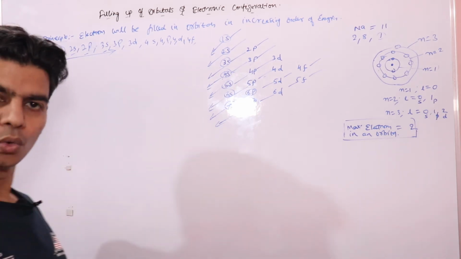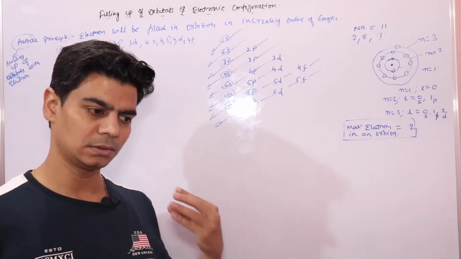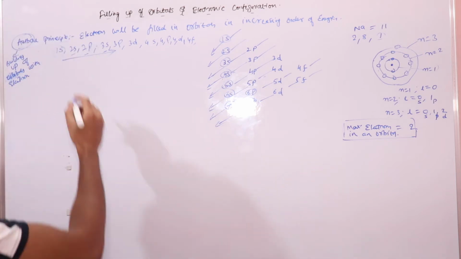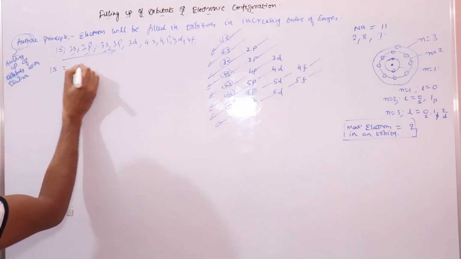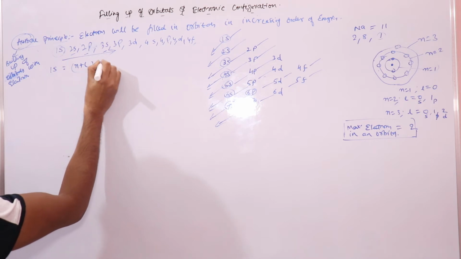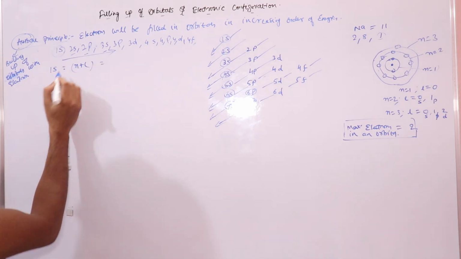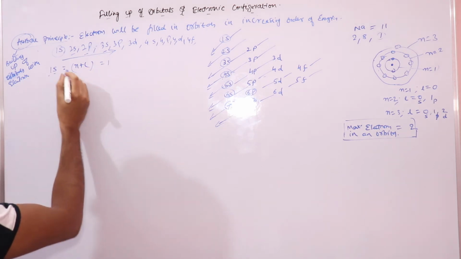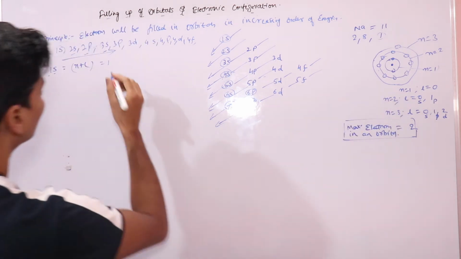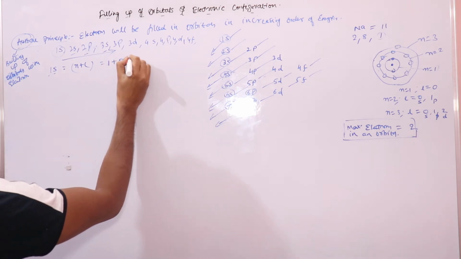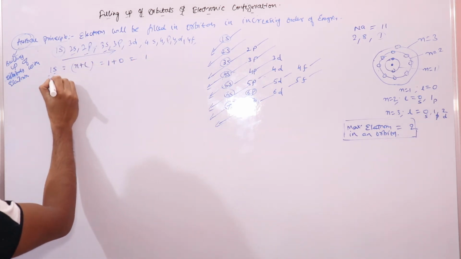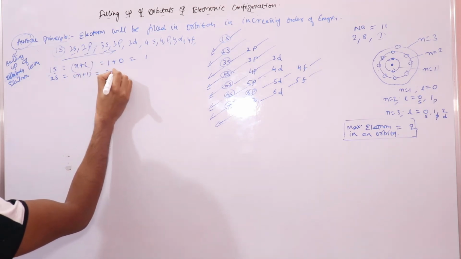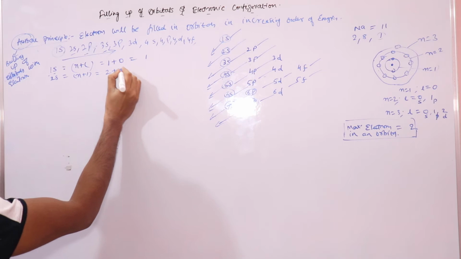And there is one more rule, the n plus L rule, that tells you about the energy of an orbital. For any orbital, n stands for the principal quantum number. For 1s, n plus L is 1 plus 0, which is 1, since for s the value of L is 0. For 2s, n plus L equals 2 plus 0.